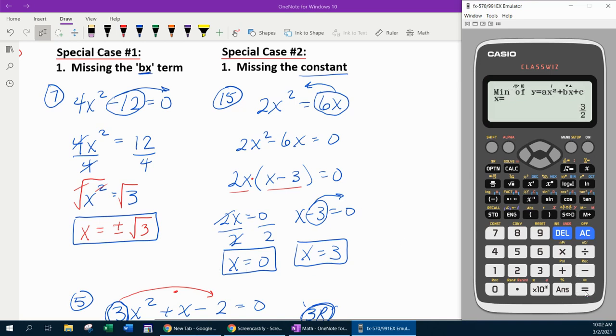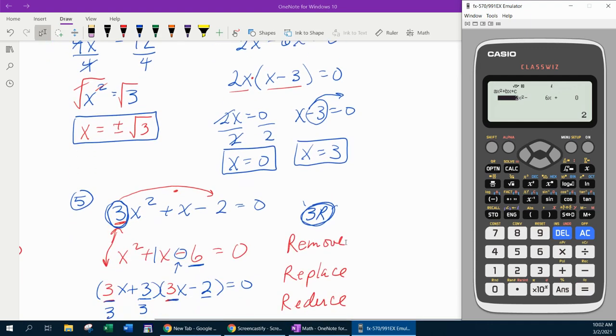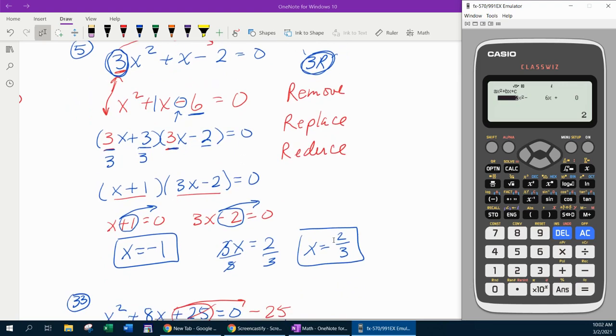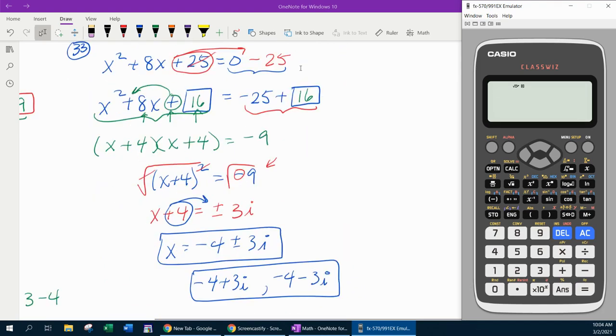Now you may be wondering, will this do complex solutions? All right, so to test to see if the calculator will give us complex solutions for number 33 here, we're going to go back to menu, to equation/function.